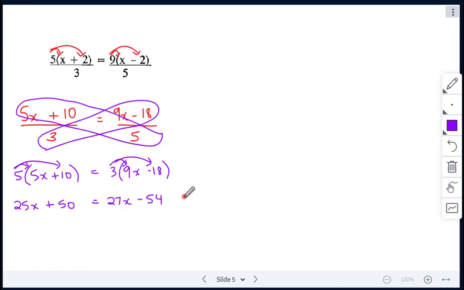And now we would go ahead and just start solving for x. So we'll bring this, usually we bring it to this side because we like to have our variable on the left-hand side. So we can subtract 27 on both sides.